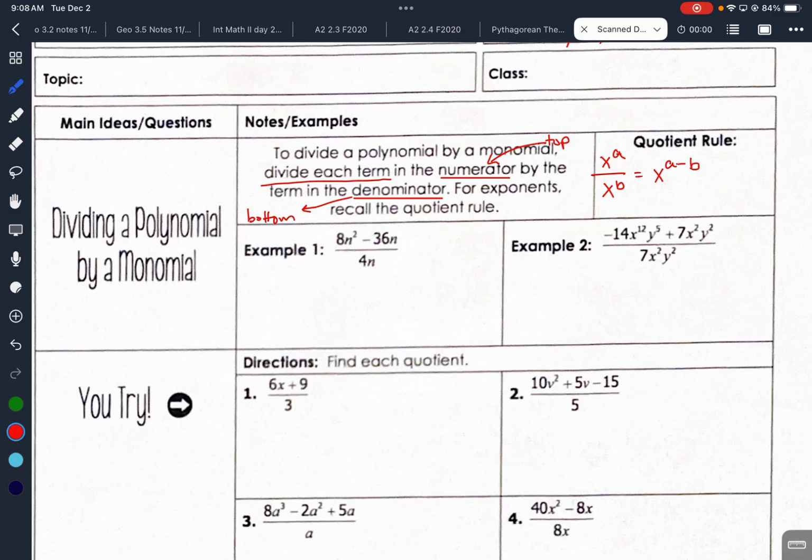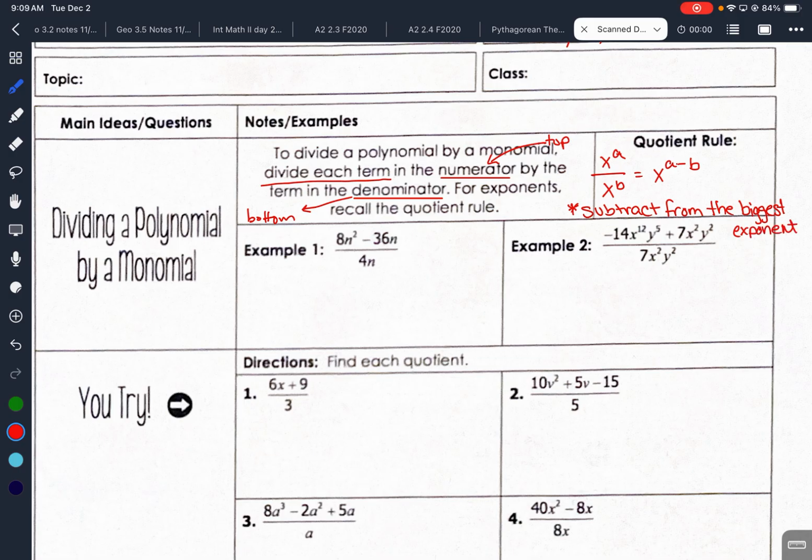Now, I'm going to add a side note down here. Subtract from the biggest exponent.